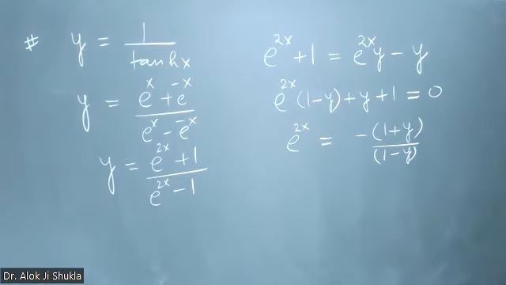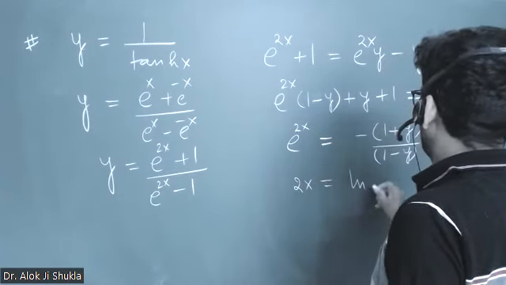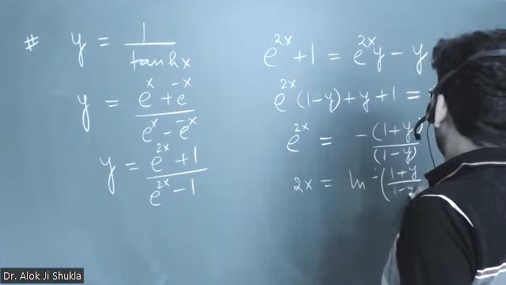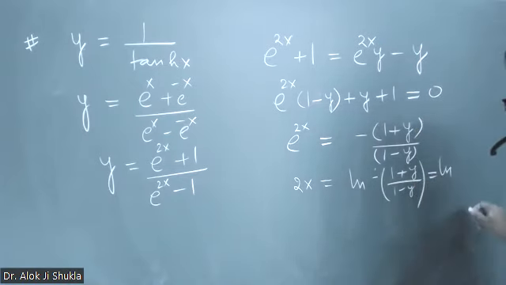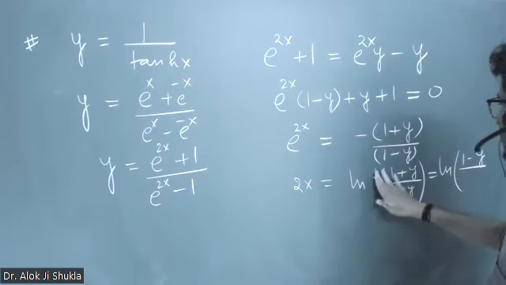Yes sir. And this will become 2x is equal to log of minus 1 plus y upon 1 minus y. Immediately it can be written as log of 1 minus y upon... No, I will adjust this minus here.